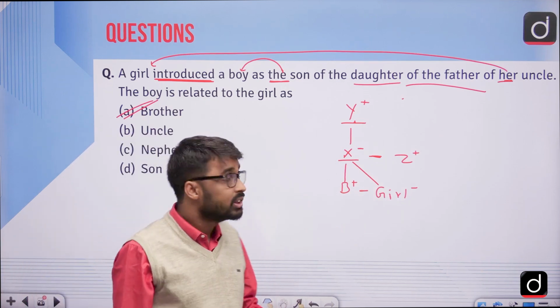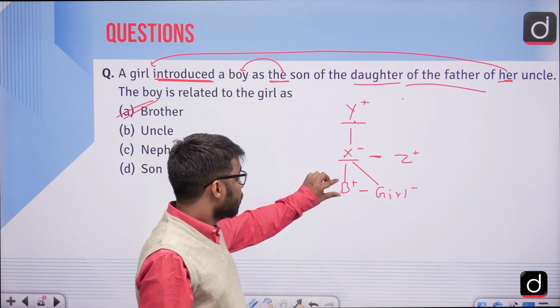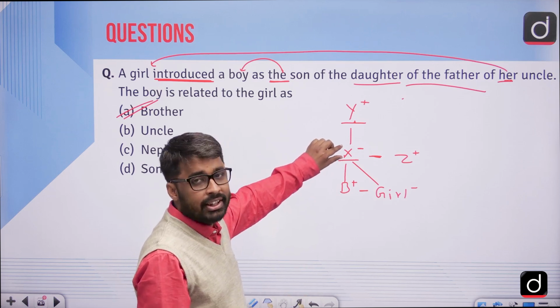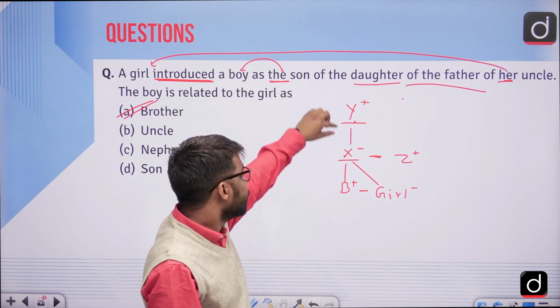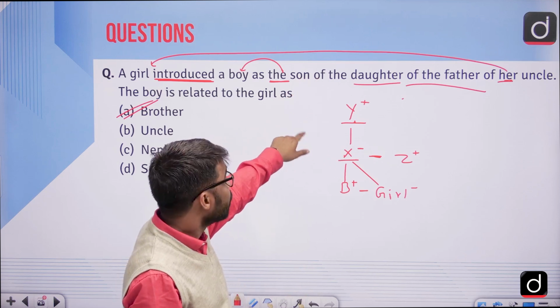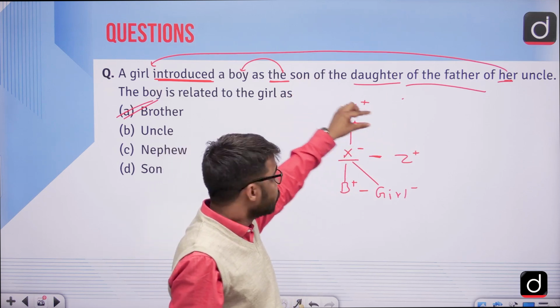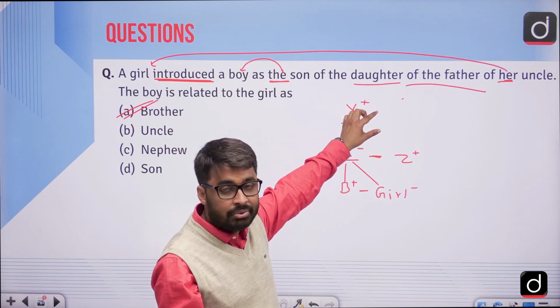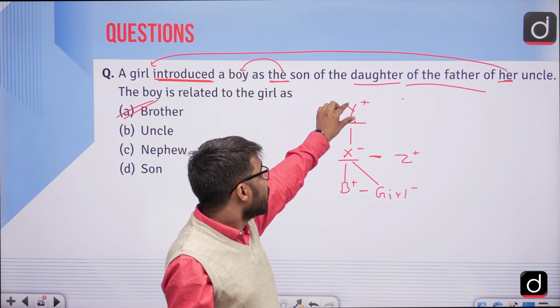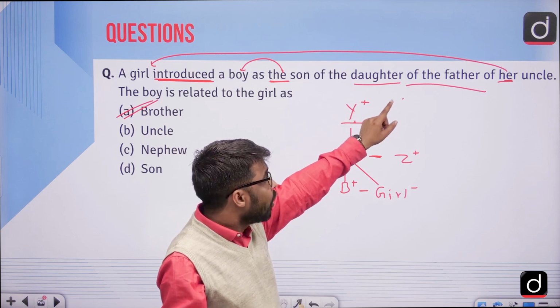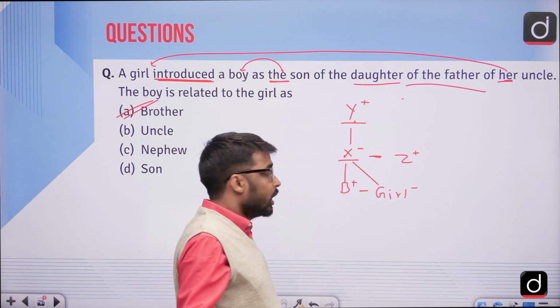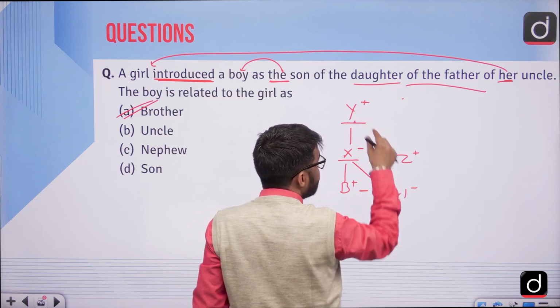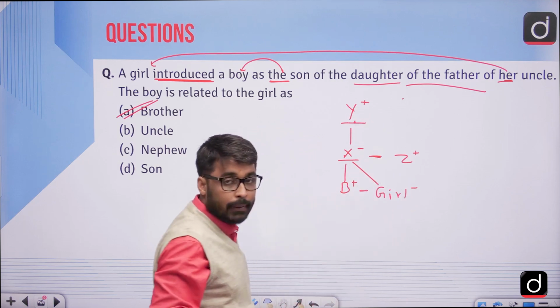This X is going to be some father's daughter. That means Y is going to be male. And this Y is father of the girl's uncle.